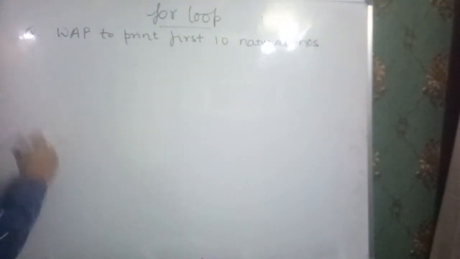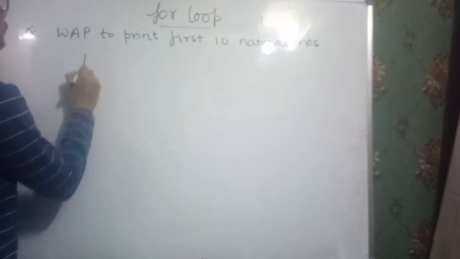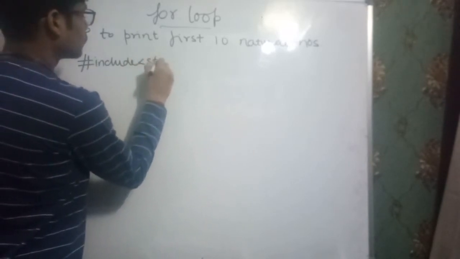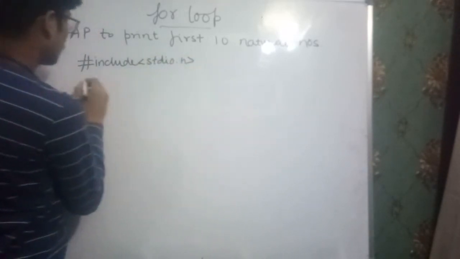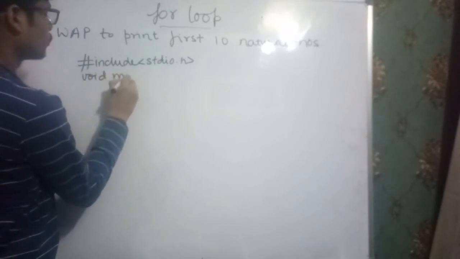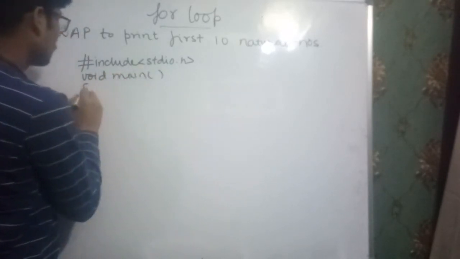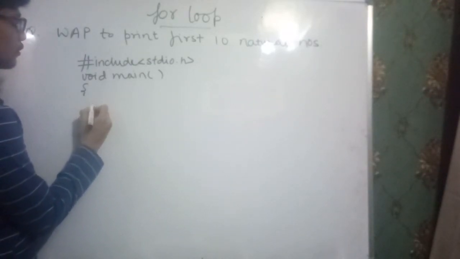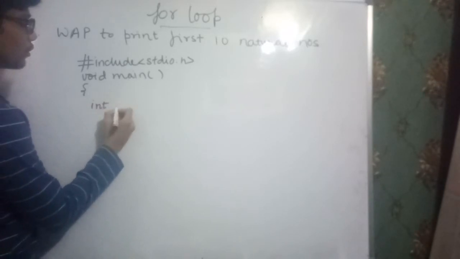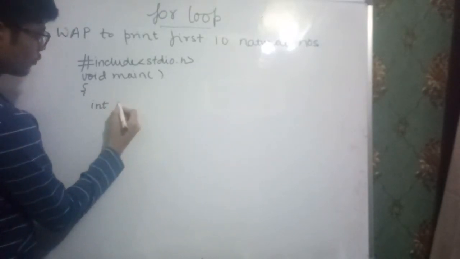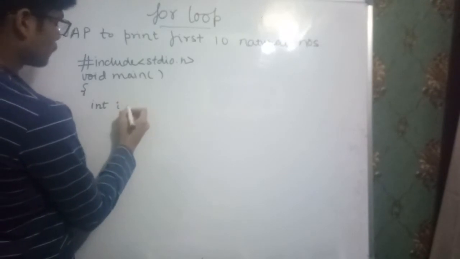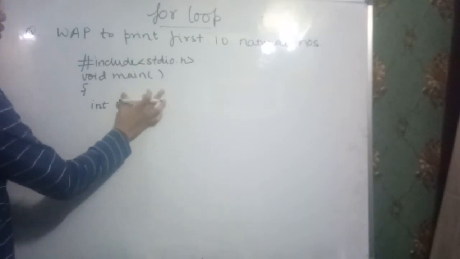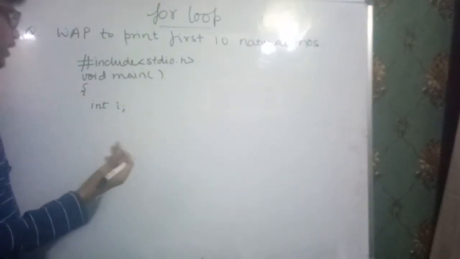Okay, so for this, first we need to write #include, which is compulsory for every code. After that we will go inside main and declare a variable. As natural numbers are of integer type, declare an integer variable i for running the loop.